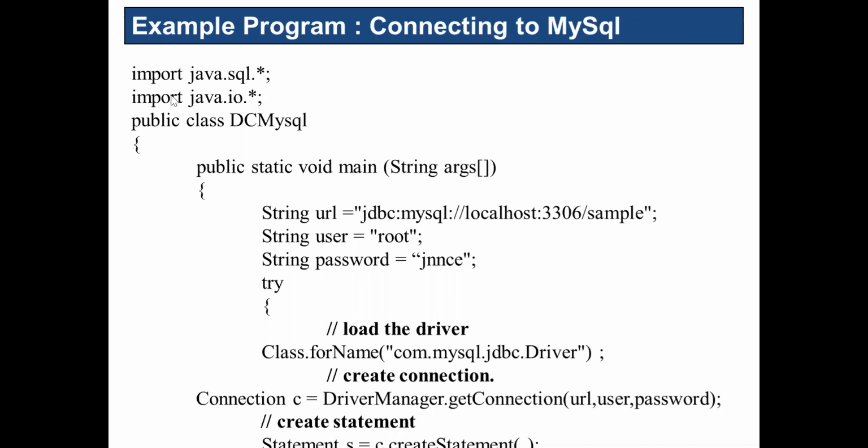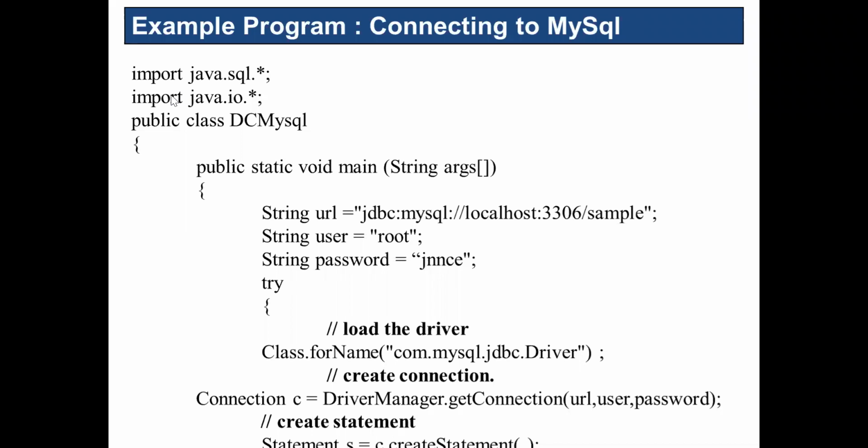I can write a string URL equal to, within double quotes, JDBC:MySQL://localhost:3306/sample. Here the database name is sample, and that database will be stored on the localhost, with port 3306.